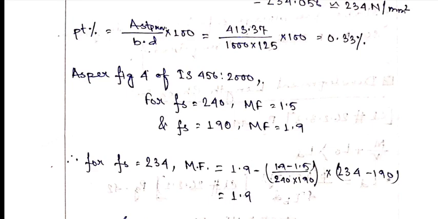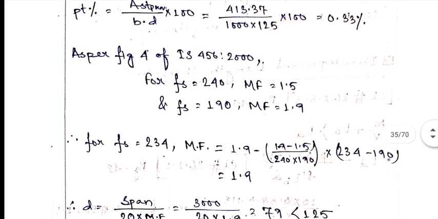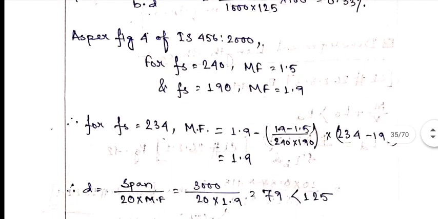Therefore for Fs 234 modification factor is equals to 1.9 minus within bracket 1.9 minus 1.5 by 240 minus 190, into 234 minus 190. So modification factor is 1.9. So effective depth is equal to span by base value into modification factor.